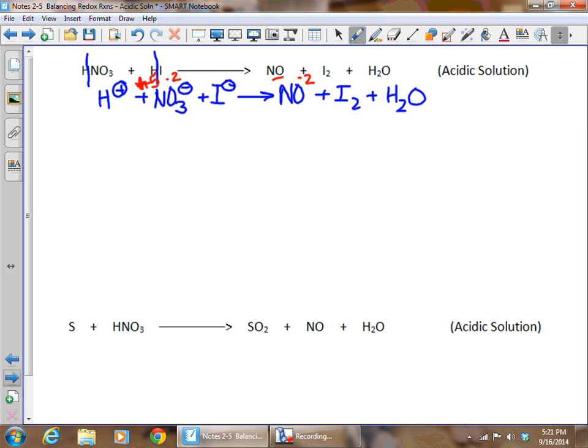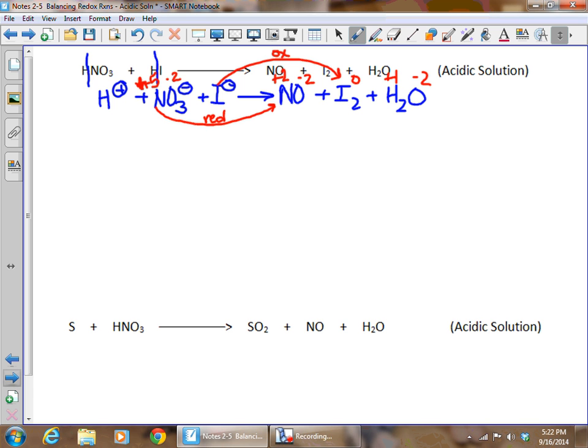Oxygen -2, so nitrogen +2. 0 for my iodine, and +1 for hydrogen, -2 for oxygen, as it always is in water. So it looks like iodine is going to be oxidized from -1 up to 0. And nitrogen is going to be reduced from +5 down to +2. So those are our substances oxidized and reduced.